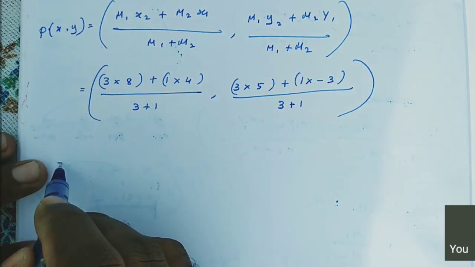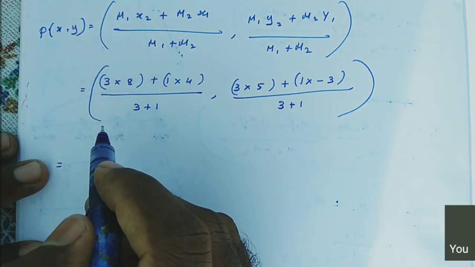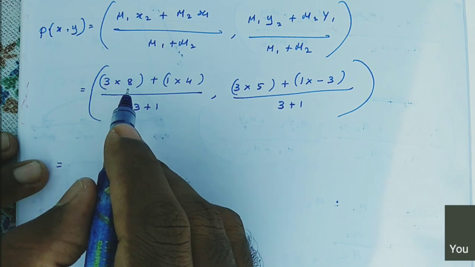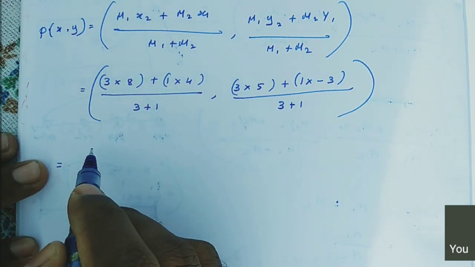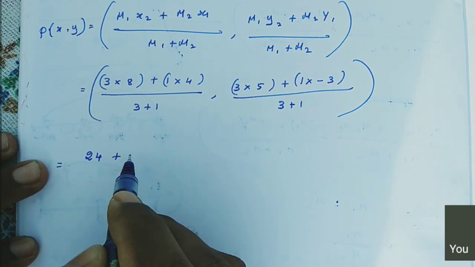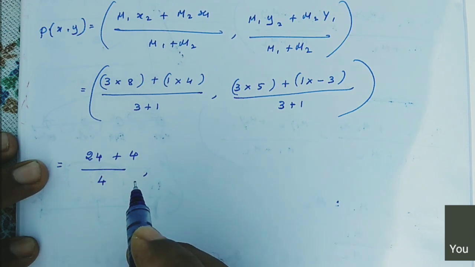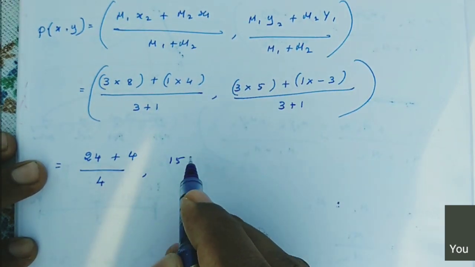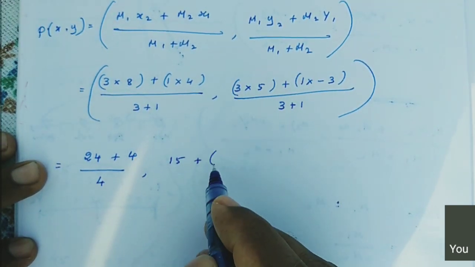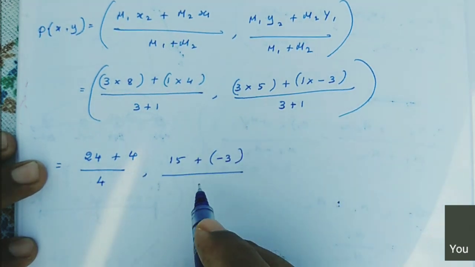Now we can multiply. 3 8s are 24, plus 1 4 is 4, so 24 plus 4 is 28, divided by 4, comma, 3 5s are 15, plus 1 into minus 3 is minus 3, divided by 4.